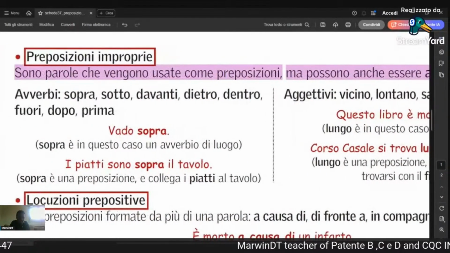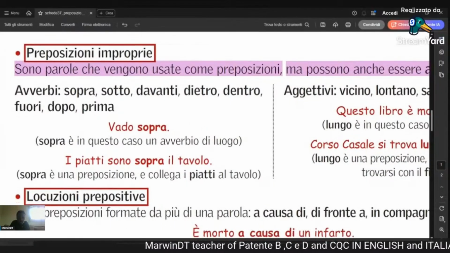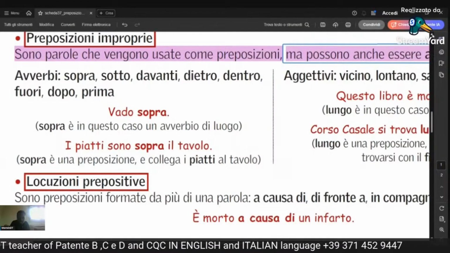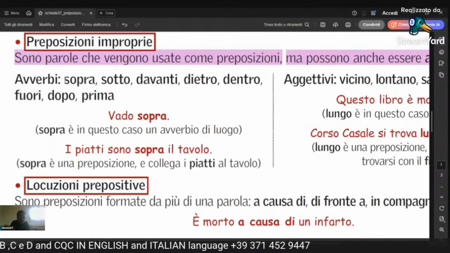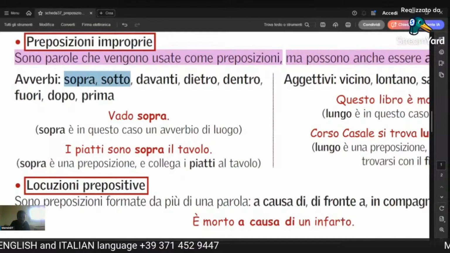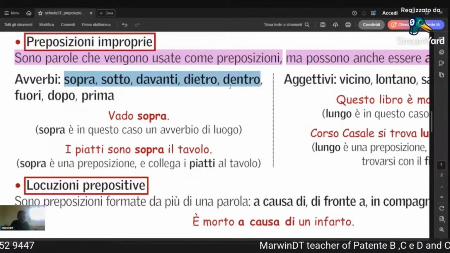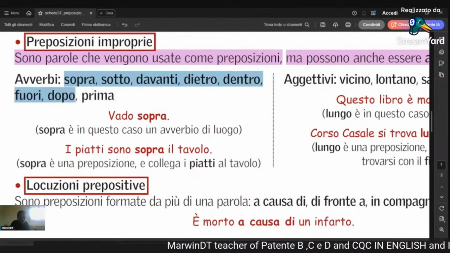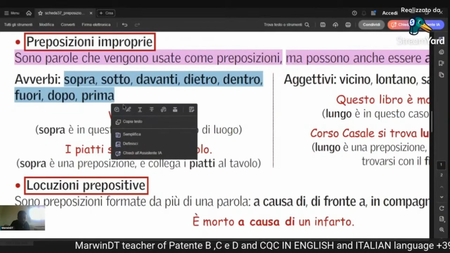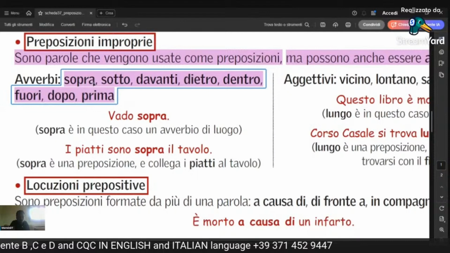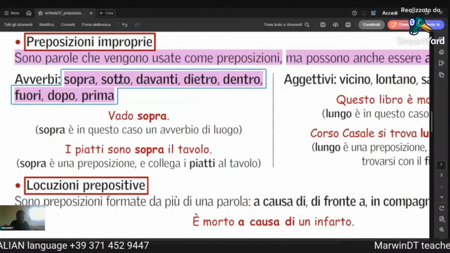So when we say avverbi in the place of preposizione, we have as examples sopra, sotto, davanti, dietro, dentro, fuori, dopo, prima. Sopra means on top of or on top. Sotto means under or below. Davanti, in front of.